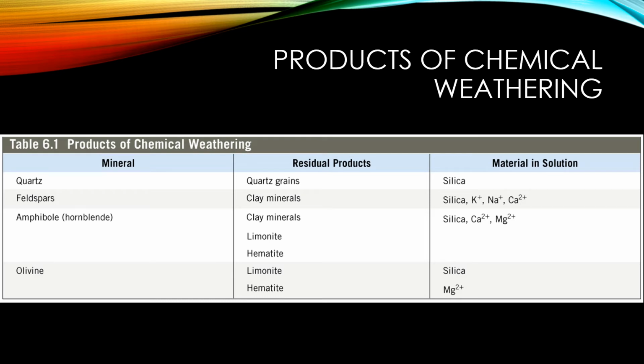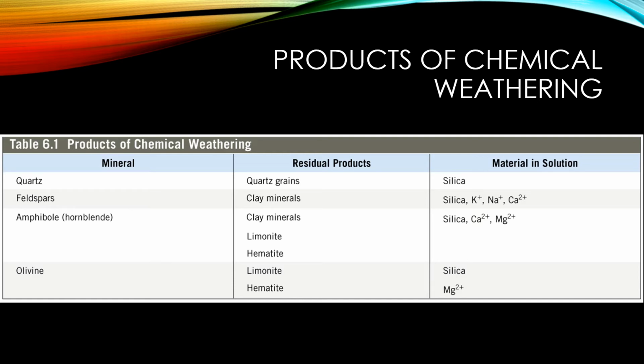If feldspars are dissolved in solution, then you end up with silica and potassium and sodium and calcium. And then if you have amphibole, and this includes the mineral hornblende, which you probably identified in lab, you get the residual products of clay minerals and limonite and hematite.